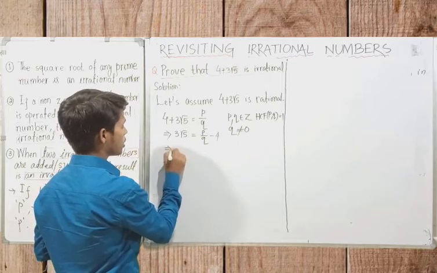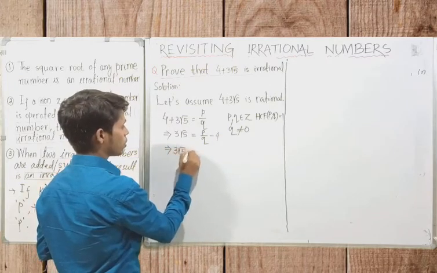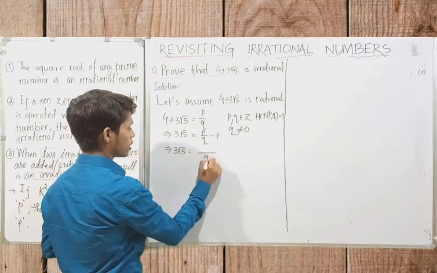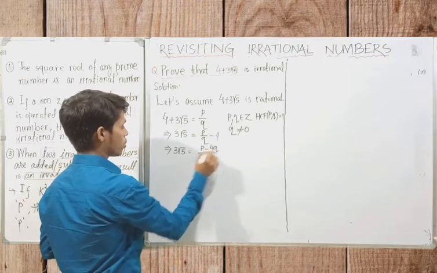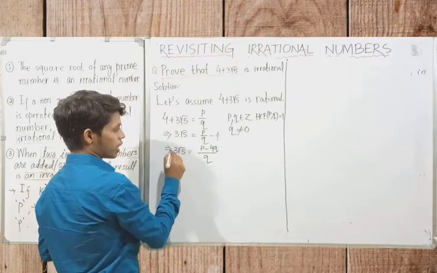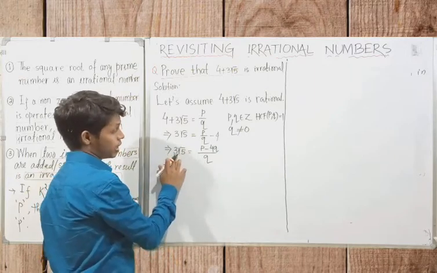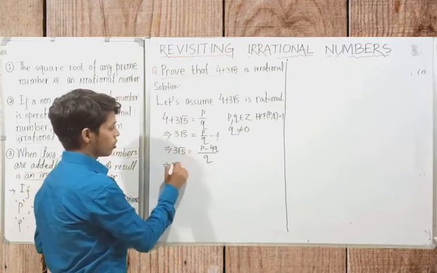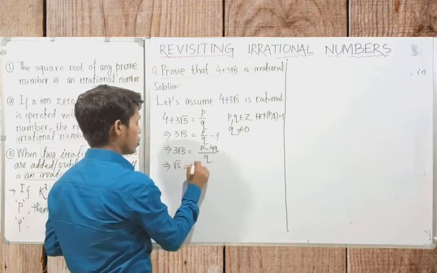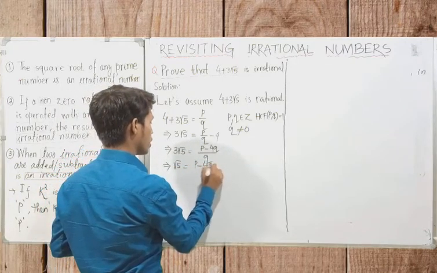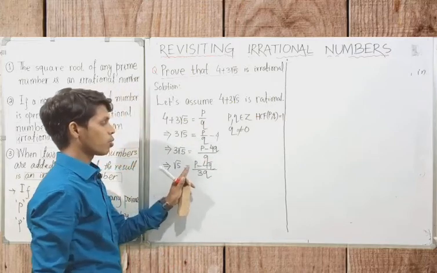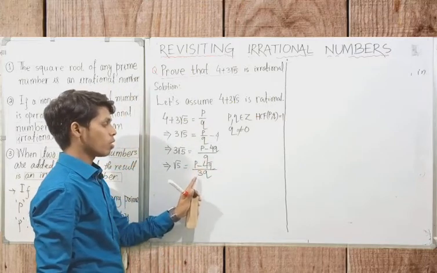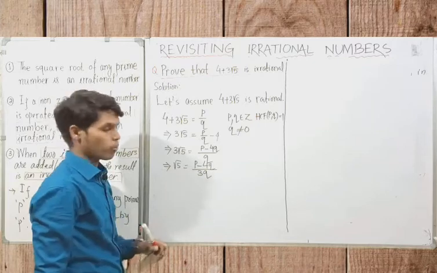So now we will get 3 root 5 is equal to, you can take the LCM as Q, so this becomes P minus 4Q. So now 3 will be transposed to the right hand side. 3 is multiplied here, so if you transpose 3, it will be multiplied at the denominator. So this becomes P minus 4Q upon 3Q, which is the value of root 5.